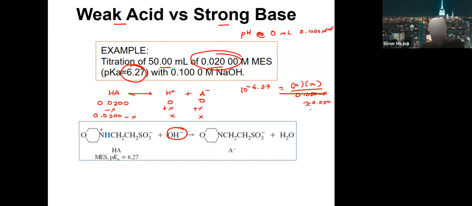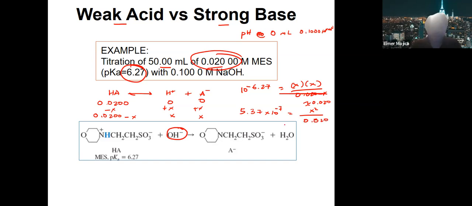And again, we can just say that it's the same as this one. So 10 raised to the negative 6.27 equals X squared over 0.020.